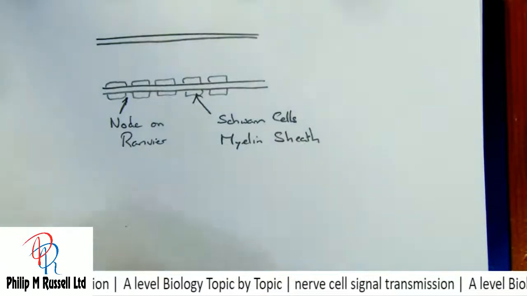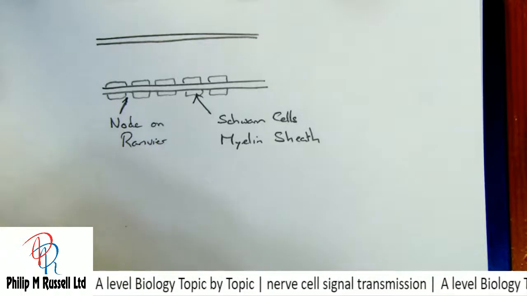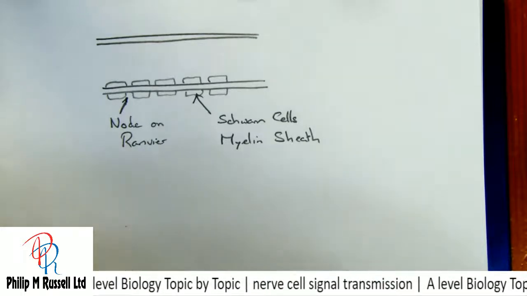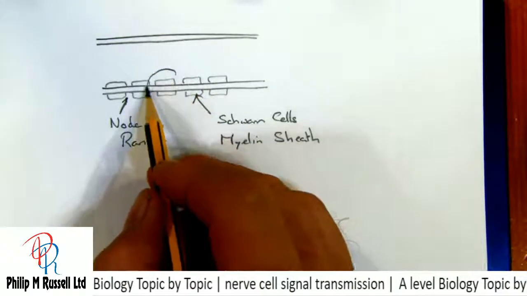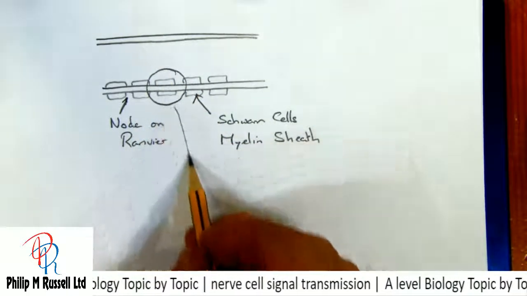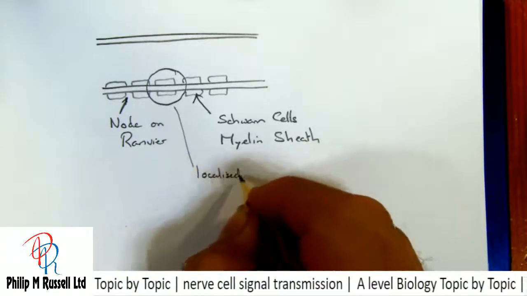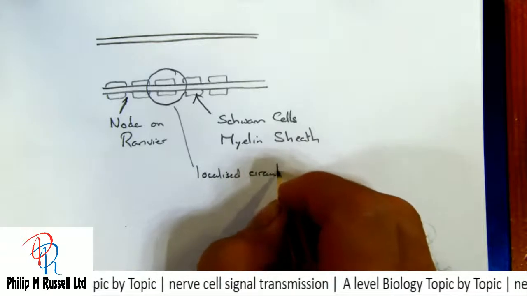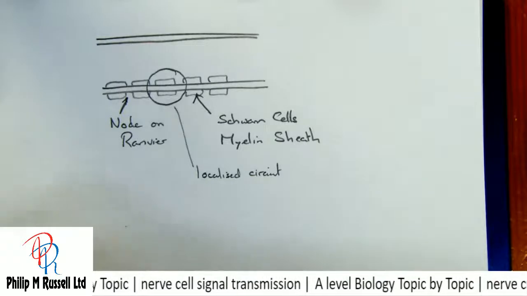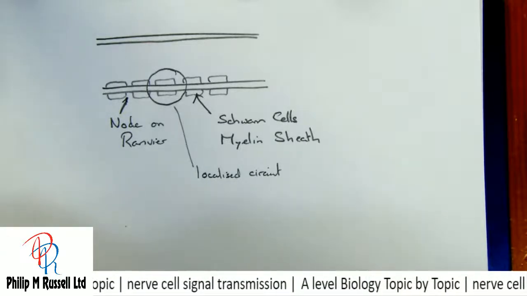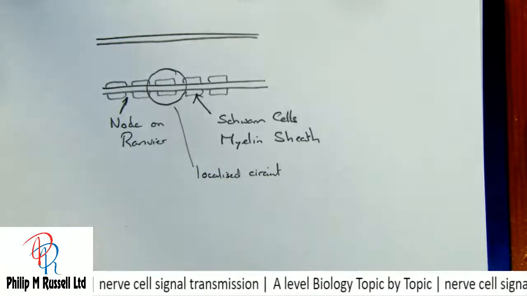So what have we got here? Well, basically, if we look at one of these, each one of these makes sort of a localized circuit. Basically, these myelinated axons transfer electrical impulses much faster than non-myelinated ones.